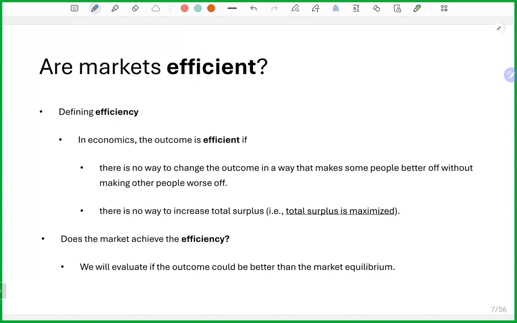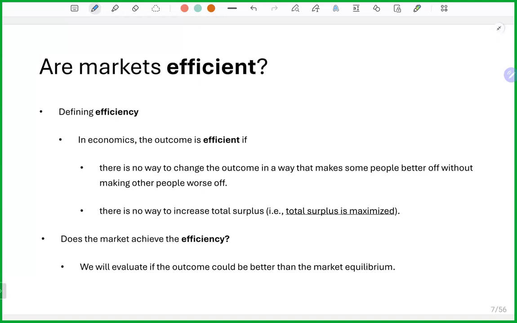So there are two goals. I want to make sure that you get higher grades as much as possible for all of you. And I also want to make sure that you learn a lot from this course. So we have to care about efficiency, meaning the welfare of students of all.